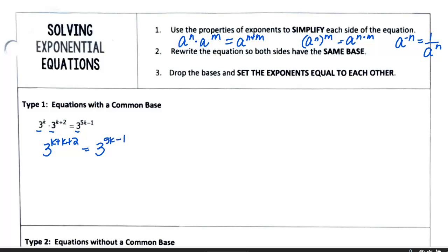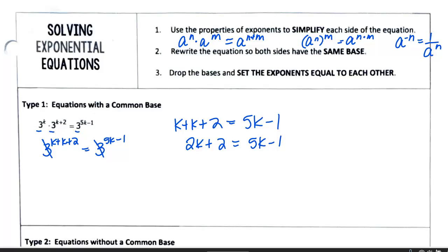Now we have a single base equals a single base, so we can drop the base of 3 and set up an equation with our exponents. So we have k plus 2 equals 5k minus 1.